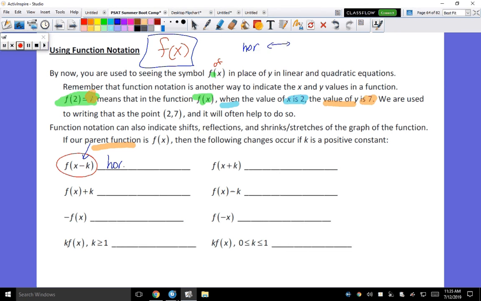Horizontal is with the x. Vertical will be the change in y. Okay? So horizontal translation or shift, either one. K units to the right. Perfect. Let's do the next one.